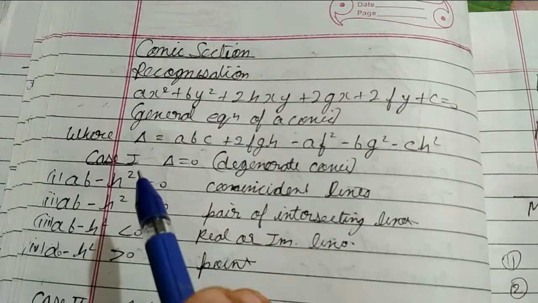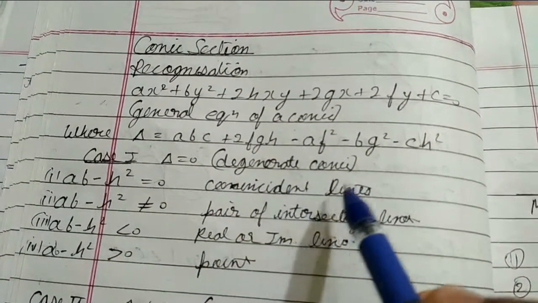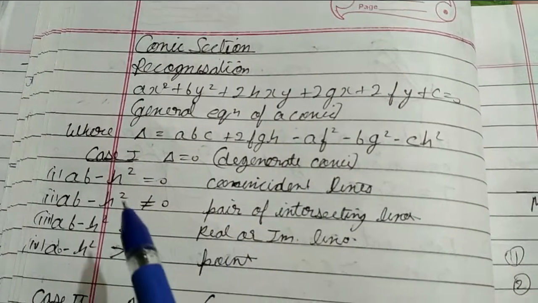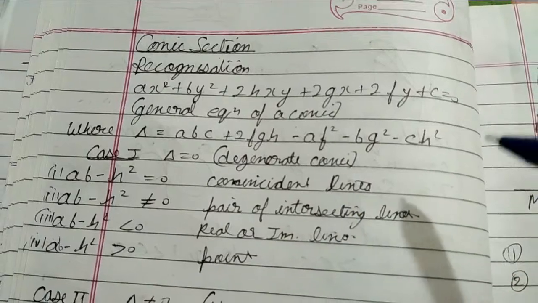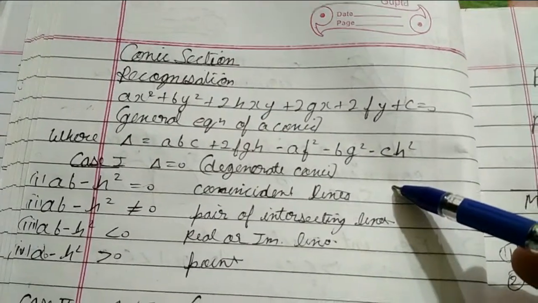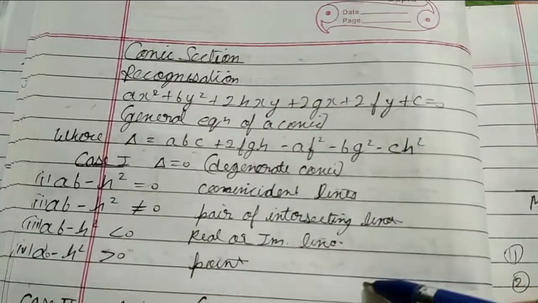So now, case number 1. If delta is equal to 0, then it is a degenerate conic, and you want to find out which sort of lines these are: coincident lines, a pair of intersecting lines, real or imaginary lines, or only a point.